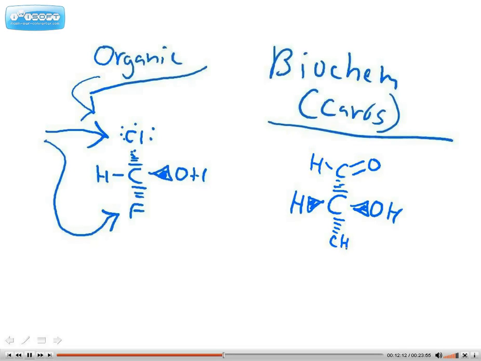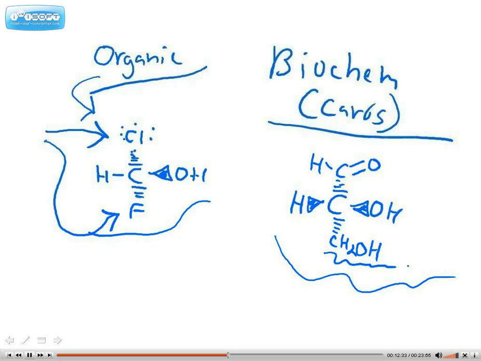You'll also notice the bottom carbon will be connected to an alcohol as well in the condensed form. So recognize the two types of formats. This would be considered a rough organic molecule. This would be considered a biochem molecule.